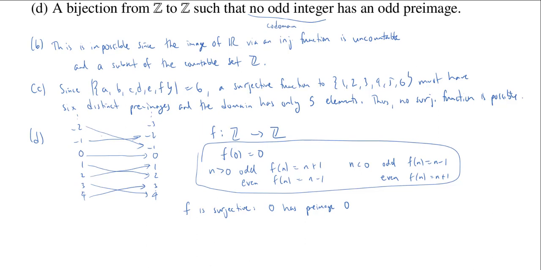What if I have n greater than 0 and n is odd? Like a 3. Where does that come from? Well, that actually comes from 4. So 3 came from 4, which is 1 more than 3, right? So then n has preimage n plus 1.